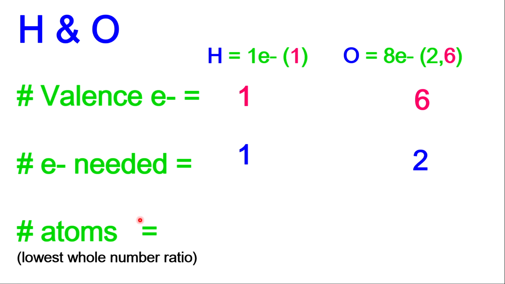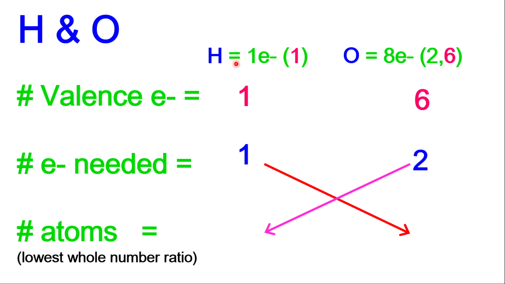Now the number of atoms needed for each is kind of special. First, what you have to do is cross multiply the number of electrons needed by each atom. So I'm going to cross multiply.